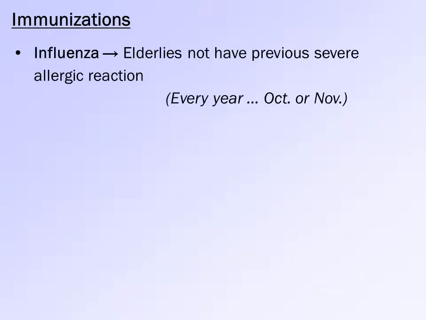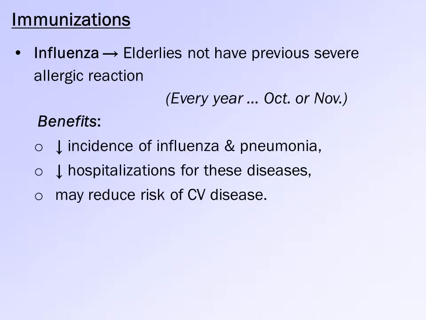For immunization, influenza vaccine is recommended for elderly who consent to take it and have not had a previous severe allergic reaction, and it should be given every year starting in October or November. The benefit of this vaccine is decreasing the incidence of influenza and pneumonia, decreasing hospitalization for these diseases, and it may reduce the risk of cardiovascular disease.